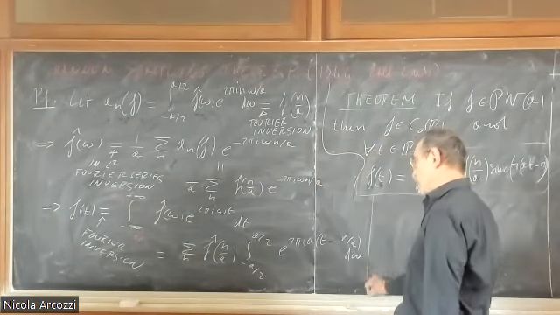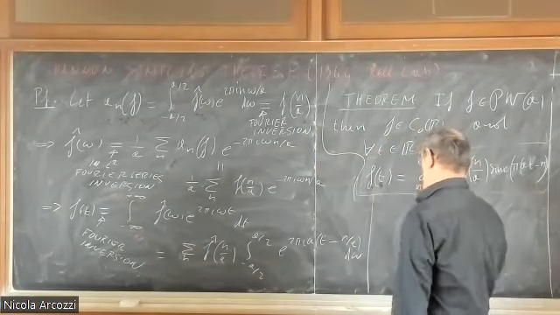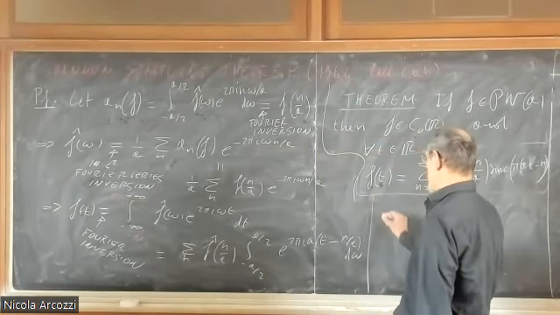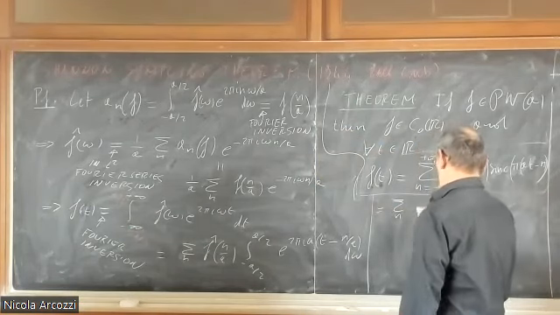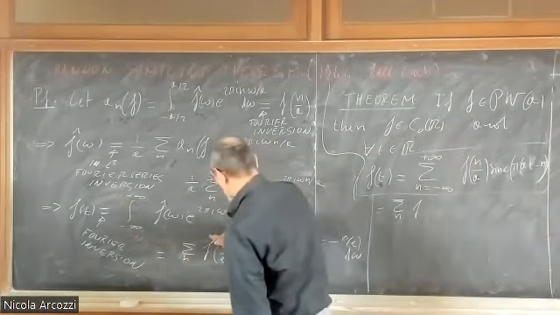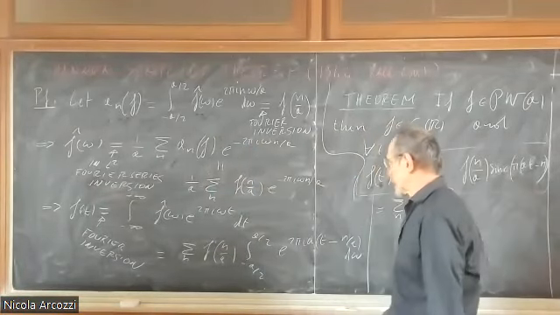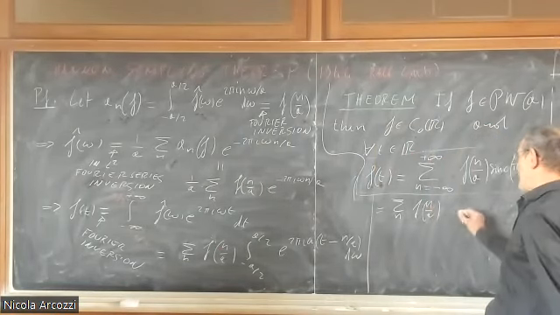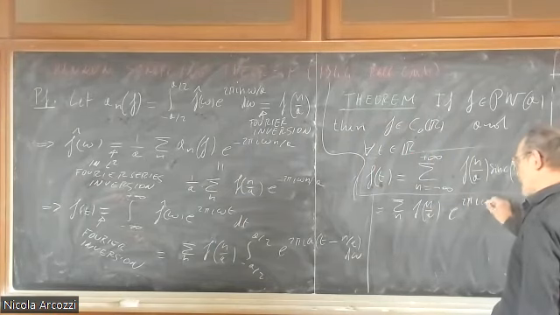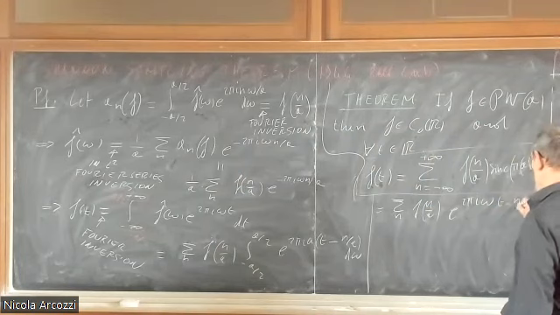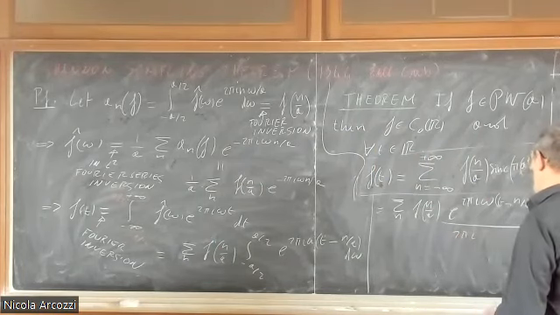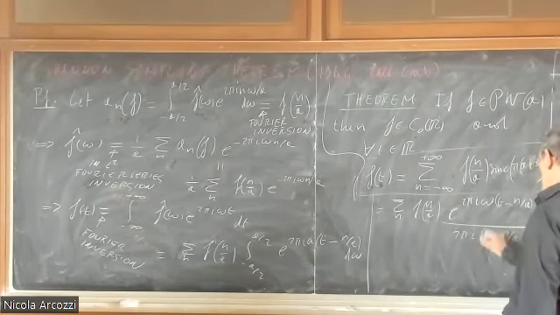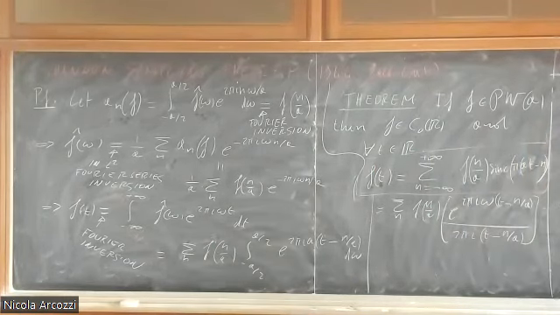I can compute this integral, right? That's the sum over n of f of n over a times e to the 2 pi i omega (t minus n over a) over 2 pi i (t minus n over a), between minus a over 2 and a over 2.